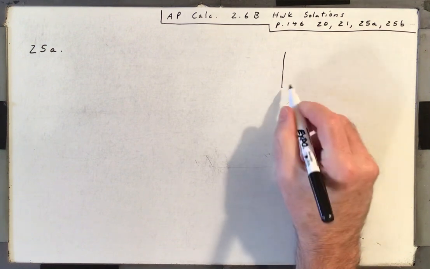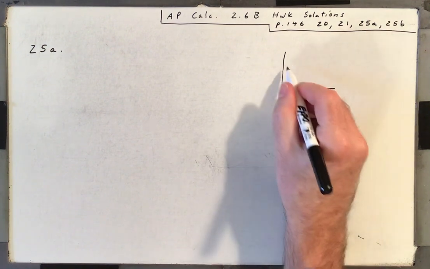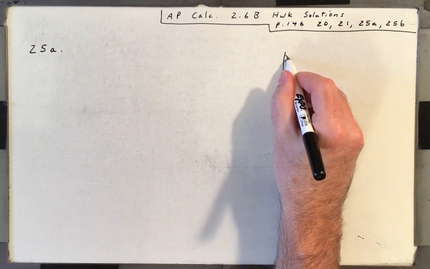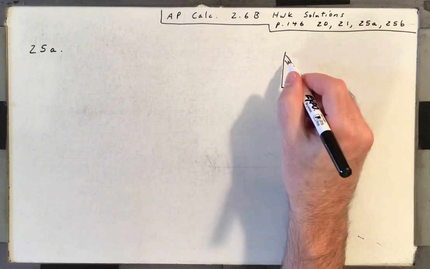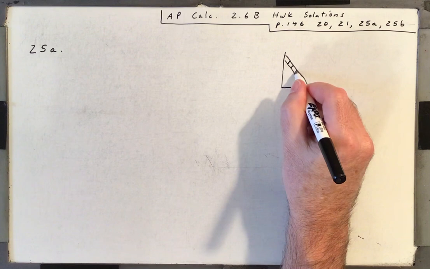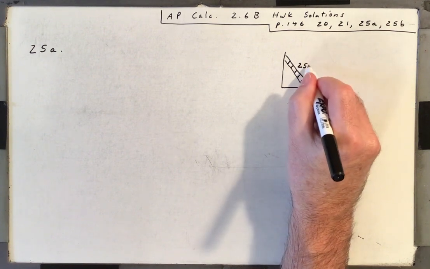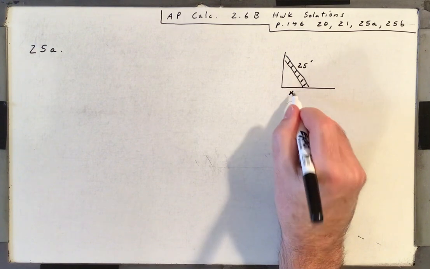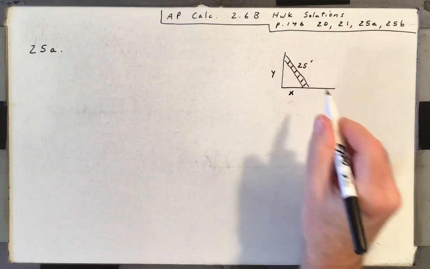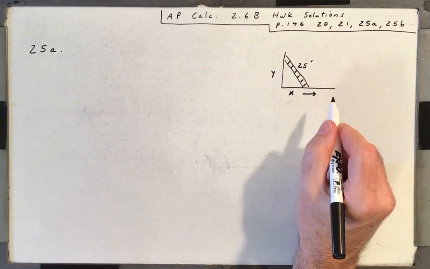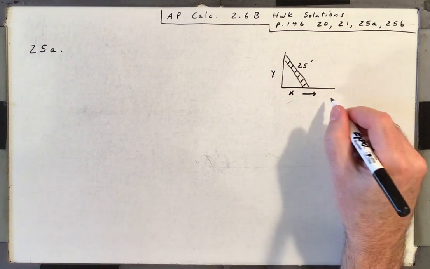So I'm going to go ahead and draw this. We've got our ladder. The ladder is 25 feet. Let's call that x. We'll call this y. And the base of the ladder is moving at 2 feet per second.